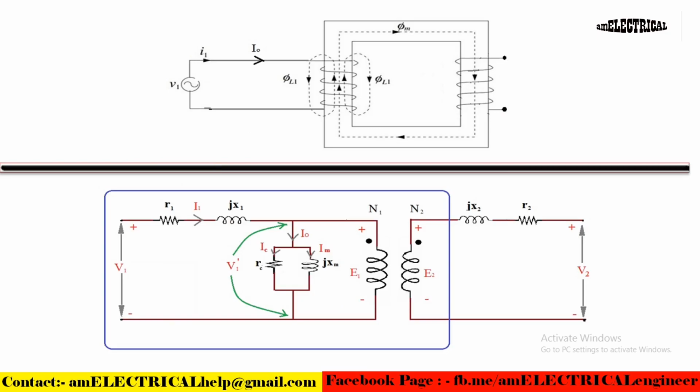Notice that V1 dash and V1 are different. V1 dash is just across this core part, whereas V1 is the supply voltage. IC is also called the active or wattful component.